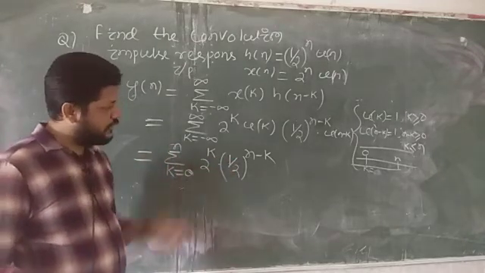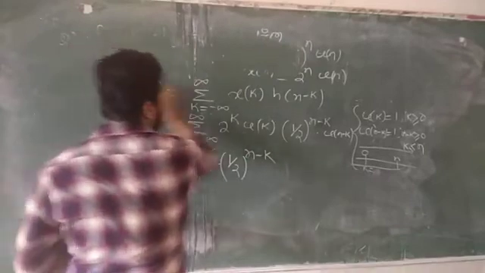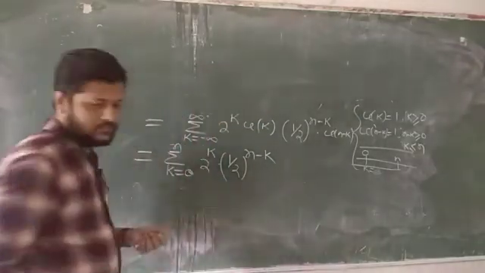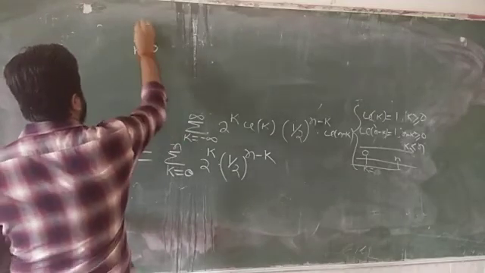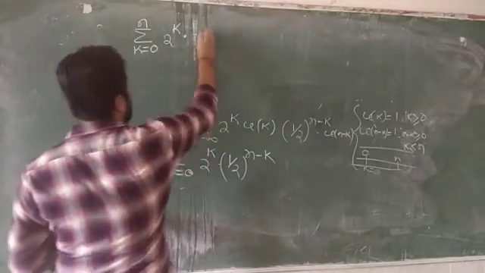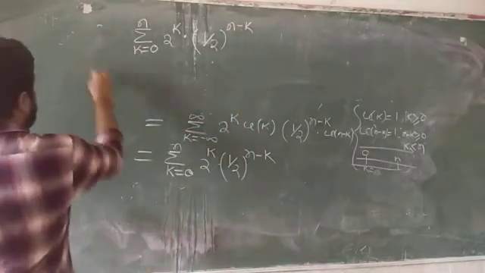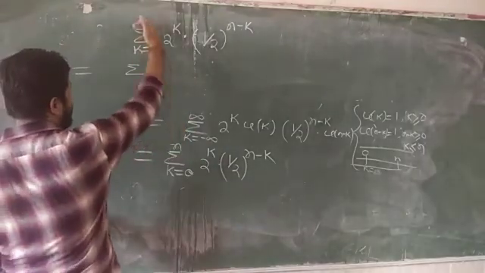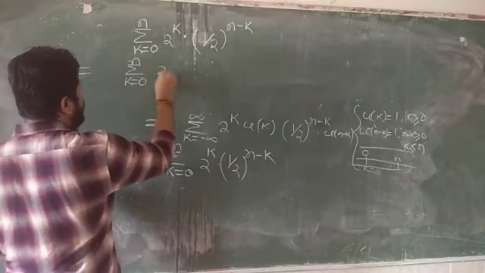So once again I have to write this. Summation of k equal to 0 to n, 2 to the power k into half to the power n minus k. Here k is varying from 0 to n. So half to the power n can be taken out, and the summation of k equal to 0 to n of 2 to the power k remains.